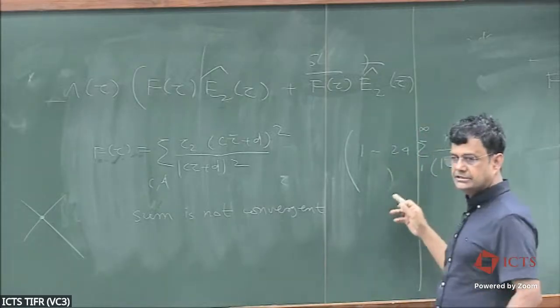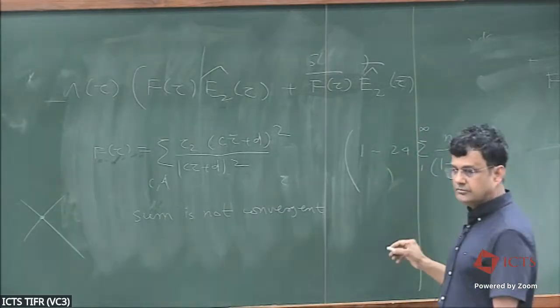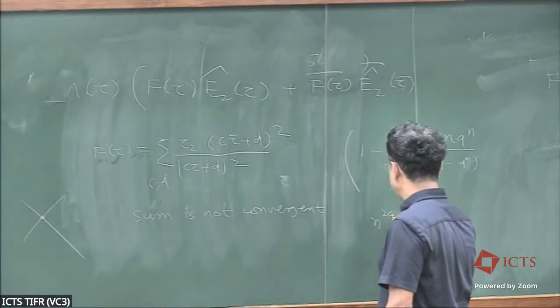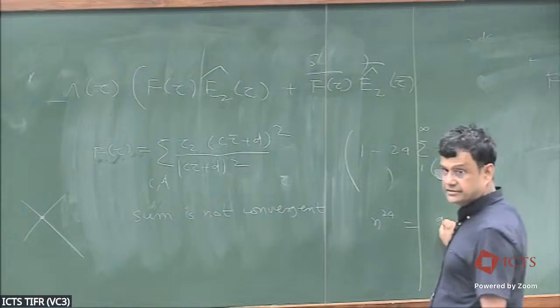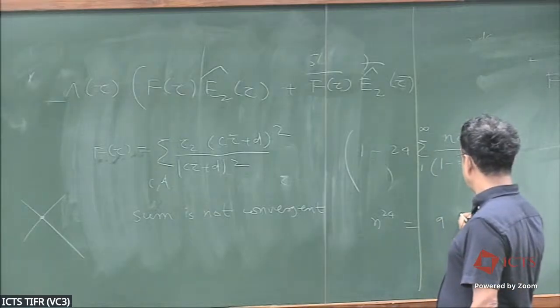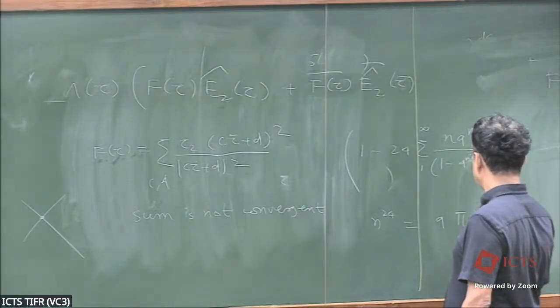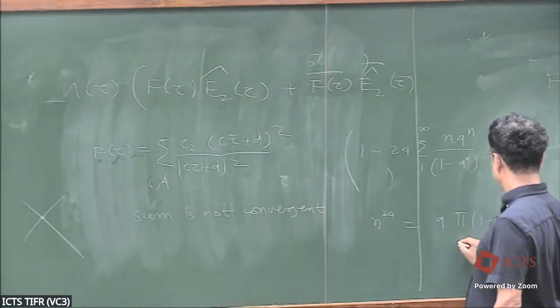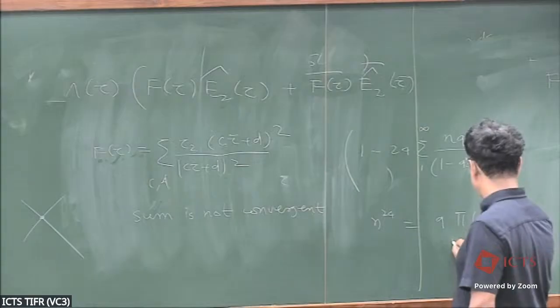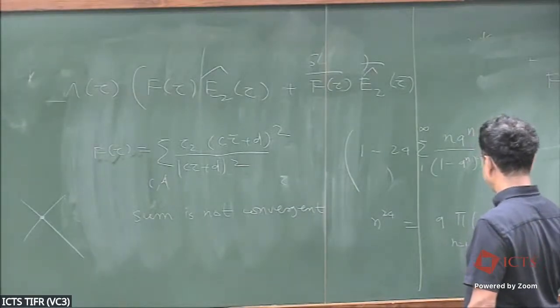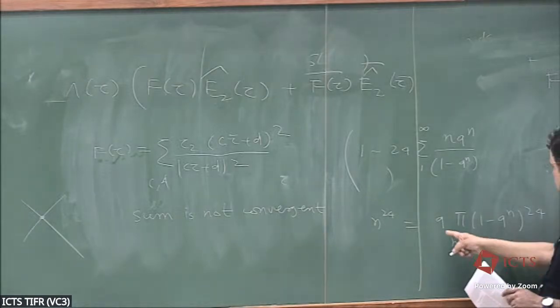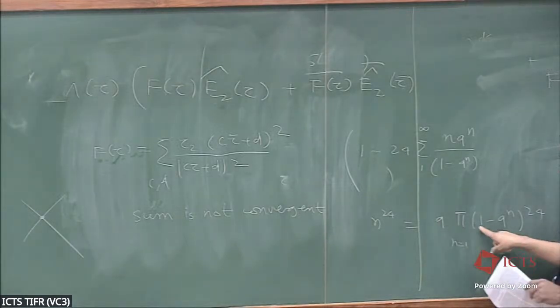There is a 1 minus because the eta function has q to the... basically you're taking eta to the 24, which has the product of 1 minus q to the n, to the power 24. And then you take a log, you'll get log of q and then log of this.